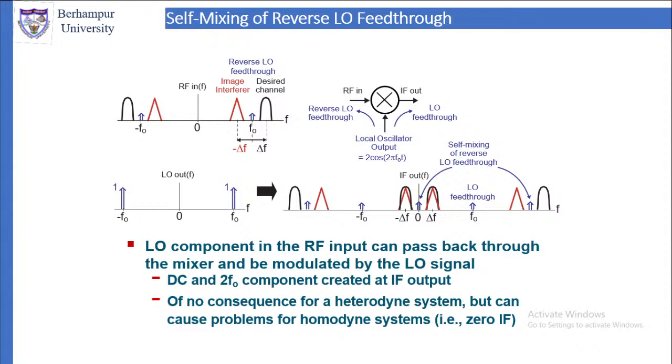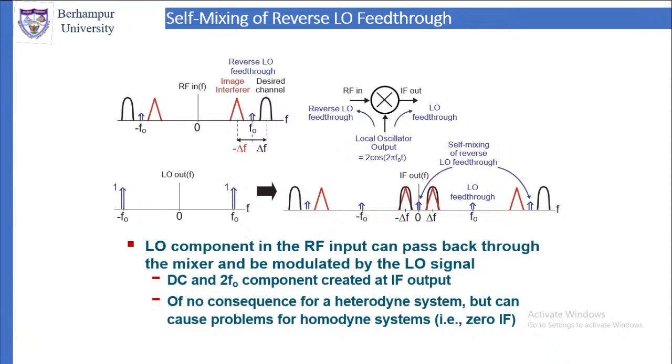Then comes the self-mixing of reverse LO feed through. So what is self-mixing of reverse LO feed through? This is basically in the RF. As I told you already in our discussion, F0 is greater than the RF.